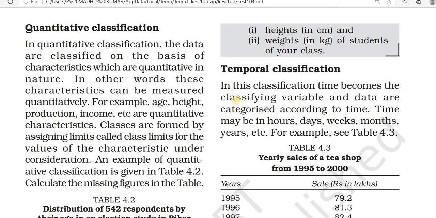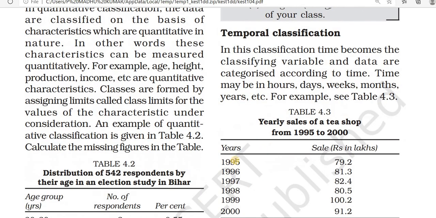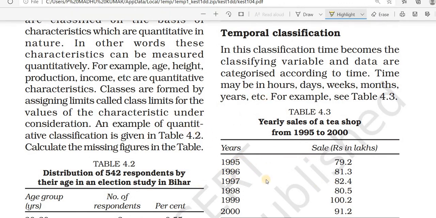Next is temporal or chronological classification. In this classification, data are classified or categorized on the basis of time, year or months. Here you can see the years 1995, in chronological order 1996, 1998, 1999, 2000.